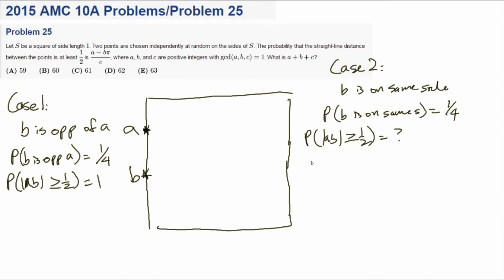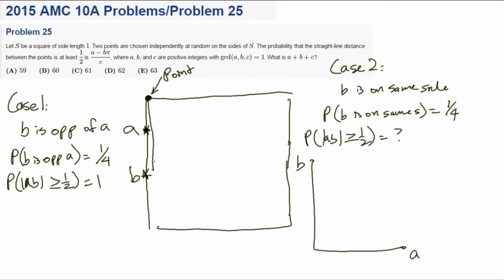To do this, we need to use geometric probability, and that's essentially where you plot all the possible locations of A and B and see how many of those points are valid. So to visualize this, let's have a graph of A and B, and this graph will decide how far A and B are from this point.